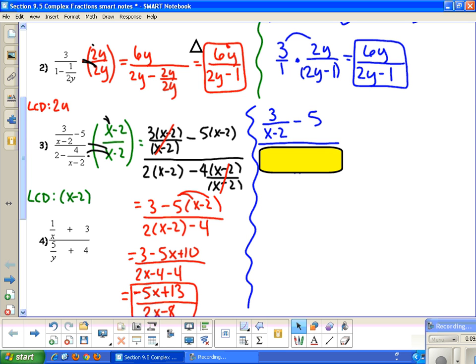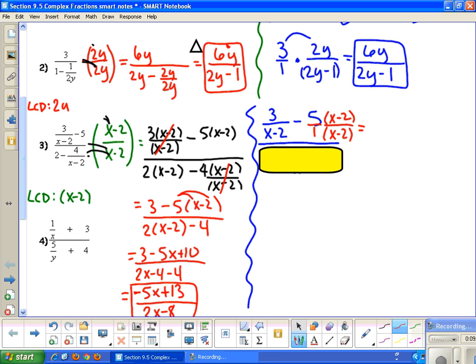So in order to simplify the numerator, we want to subtract the terms, and in order to do that, we need a common denominator. So what's the least common denominator between 1 and x minus 2? X minus 2. So that means I need to multiply this by x minus 2 over x minus 2.